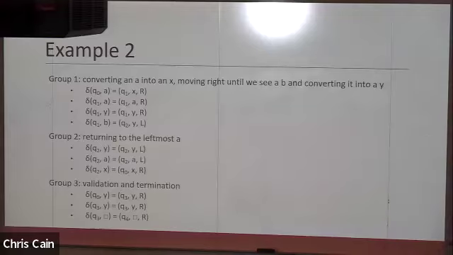So we need to go to the end of the string and make sure that the last character before we hit a blank is a Y, saying that it's a B that we've seen before. Does that make sense to people? I don't see nods, so I'm going to assume that means no. We'll walk through an example.